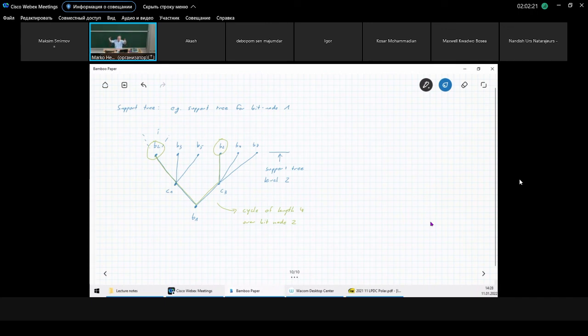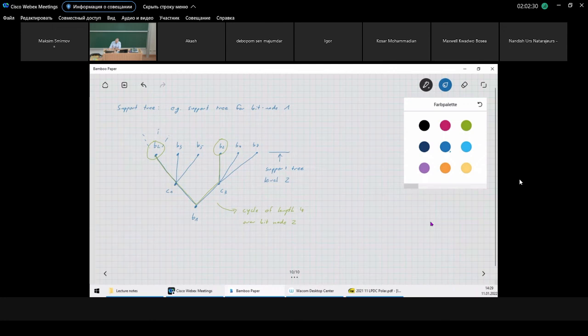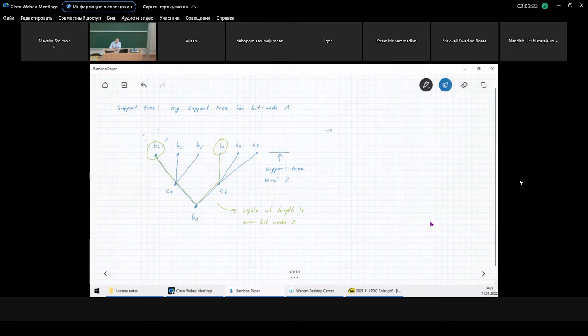Support tree level 3, I could find cycles of length 6.